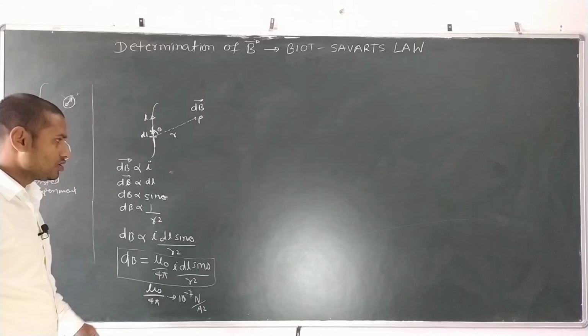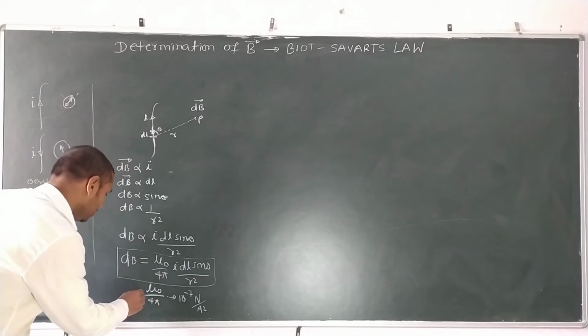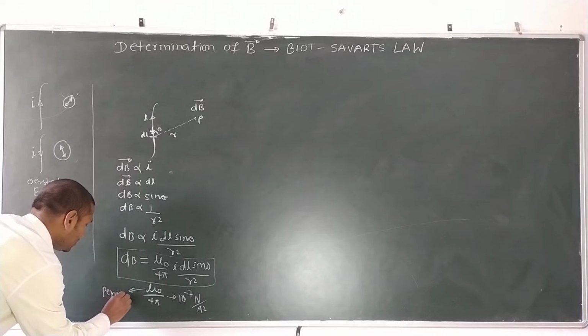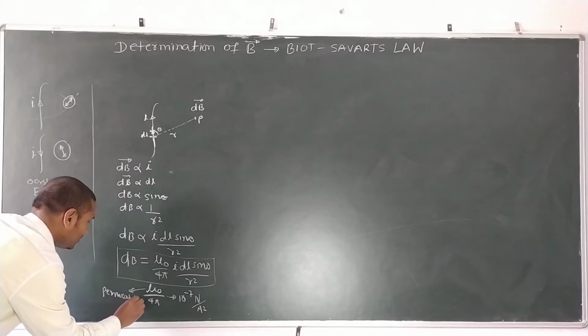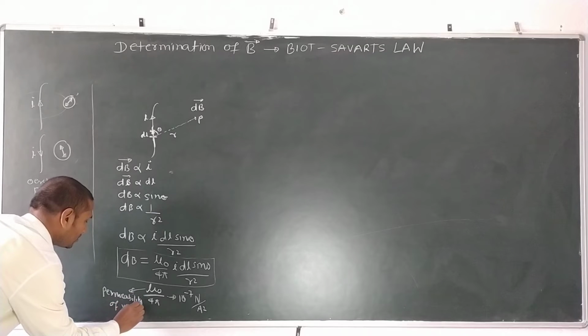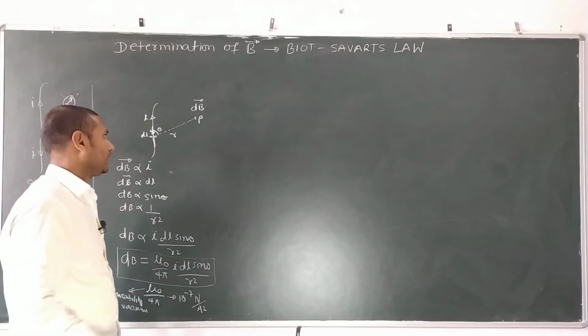Here mu naught is the permeability of vacuum or free space, 4 is a constant, and pi is in radians.